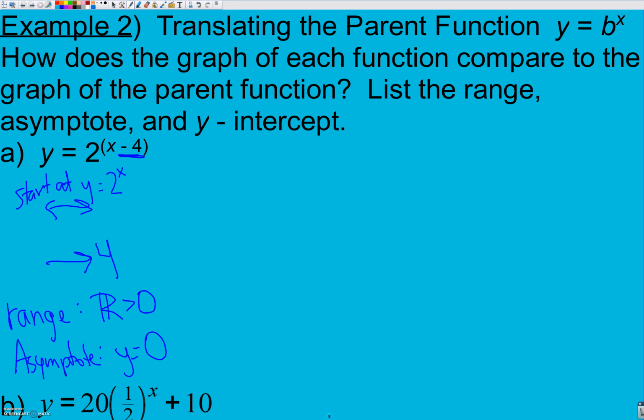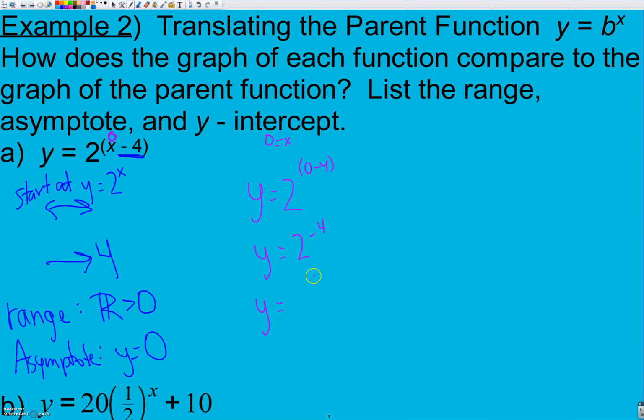The only thing that's going to change is our y-intercept. And again, remember, to find our y-intercept, we plug a 0 in for x. We get y equals 2 to the 0 minus 4. Y equals 2 to the negative 4 power.